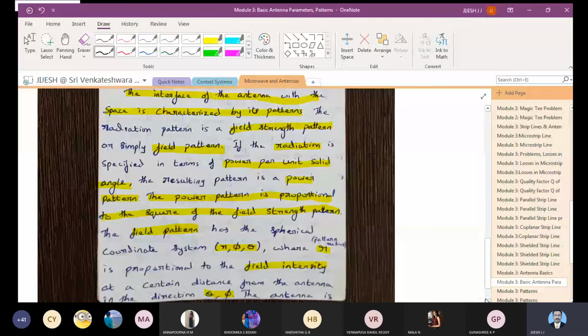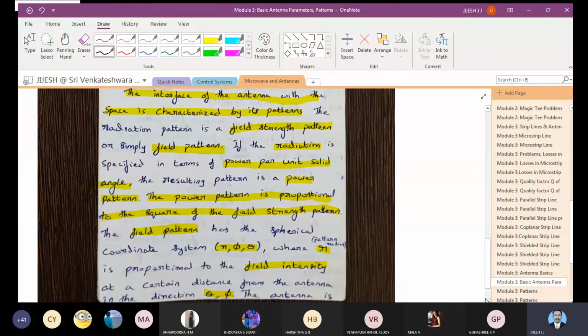Here we'll be using these two things, field pattern and power pattern, and you need to understand them. I'll be explaining those things also in much detail. Finished, sir?